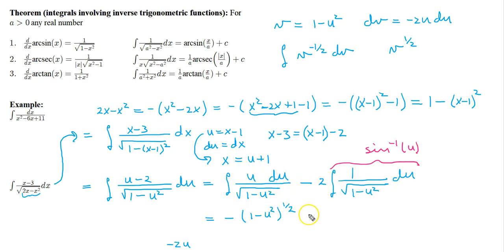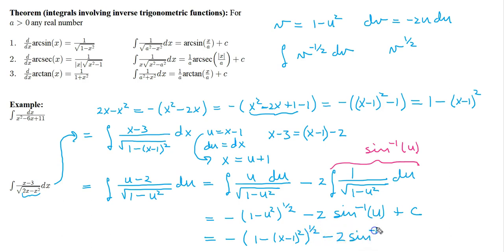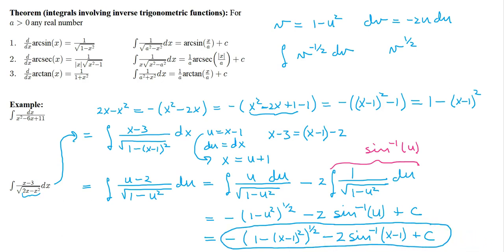And then this one over here we've already determined is... and now we just have to put our x's back in place of the u. And we have our final answer right here. And there we go.